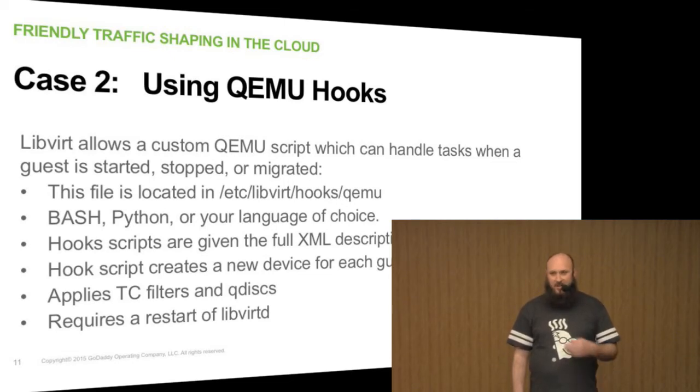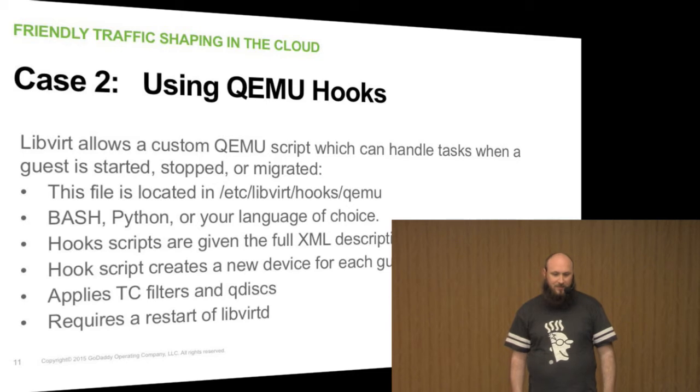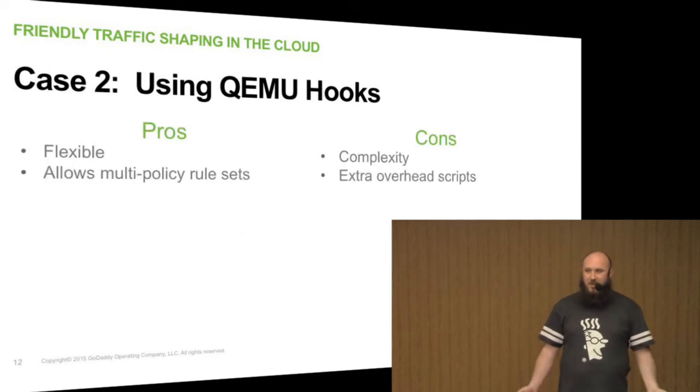And you can parse the container's information for whatever you want to pull out of it, so that the hook script will do all the necessary work to actually create filters that we want to apply to those QDisks I mentioned earlier. And all you have to do is put the script in place, restart libvirt on your hypervisor, and you're good to go. So what that gives you is the flexibility to essentially do whatever you want to do.